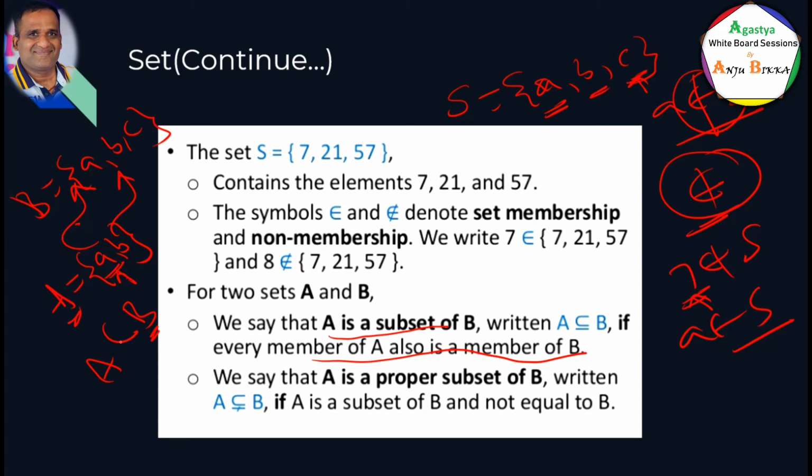And we can say what is a proper subset and subset. We can say here if A is a subset of B and not equal to B, what is the meaning of this one?